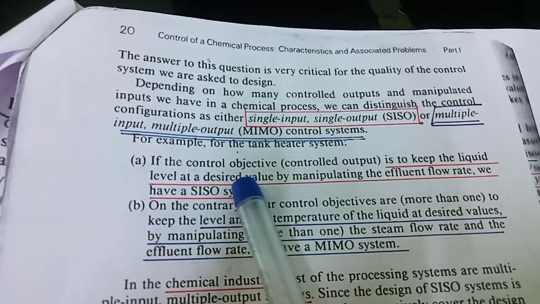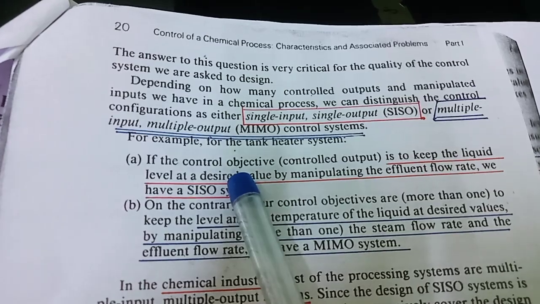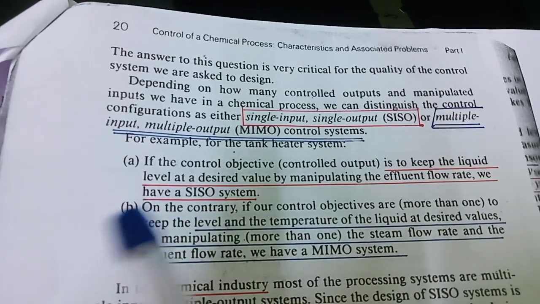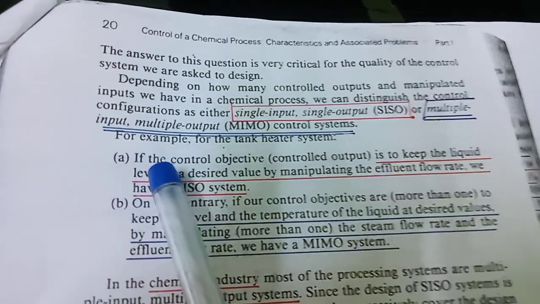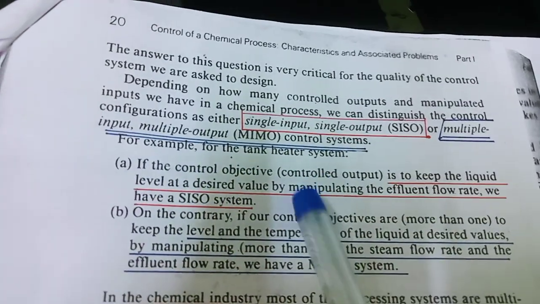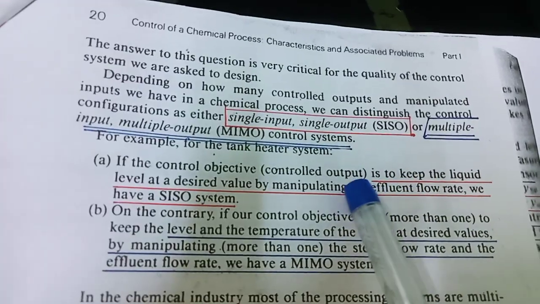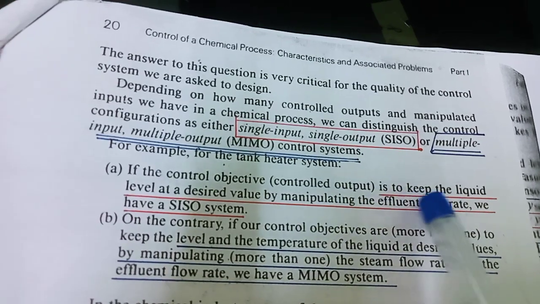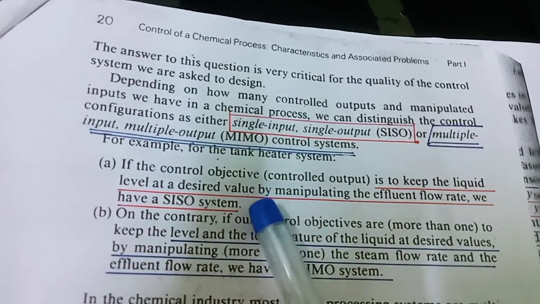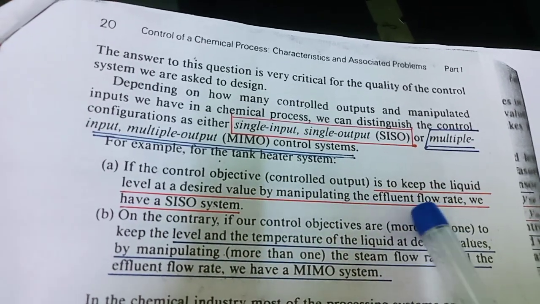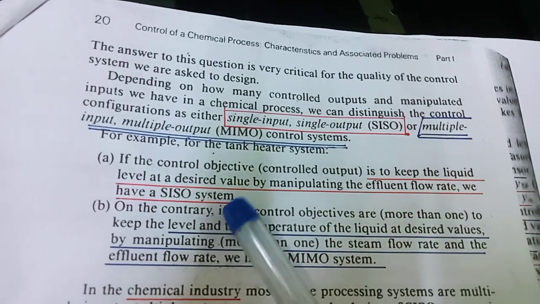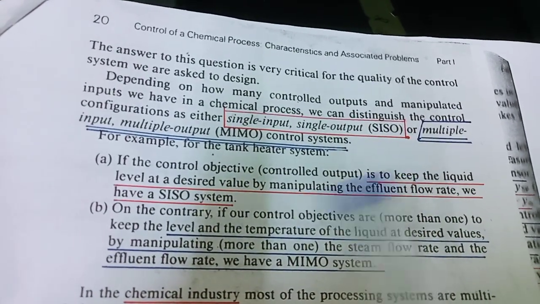Let us consider a tank in which a heater is there and level control is there. First, if the control objective, that is the controlled output, is to keep the liquid level at the desired value by manipulating the effluent flow rate, we have SISO, single input, single output.